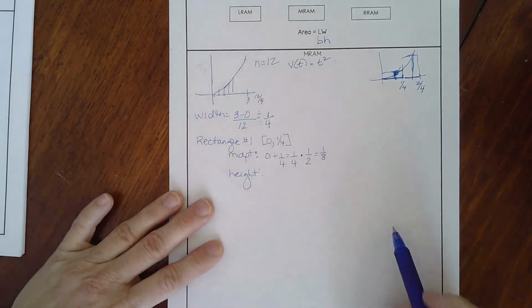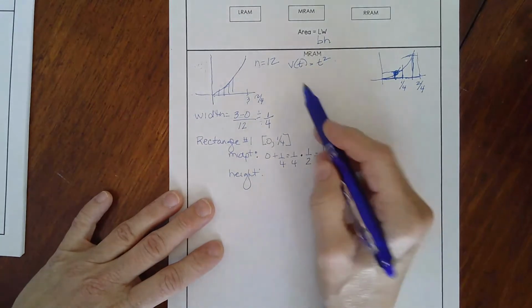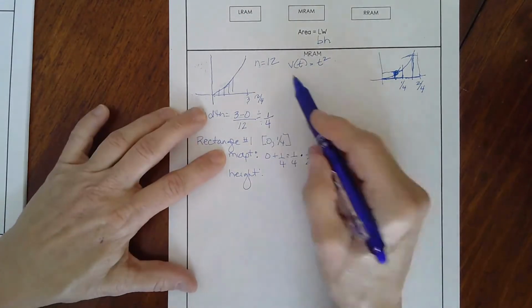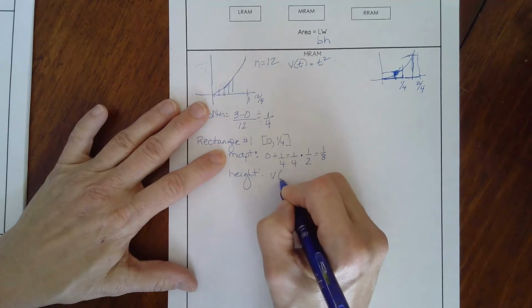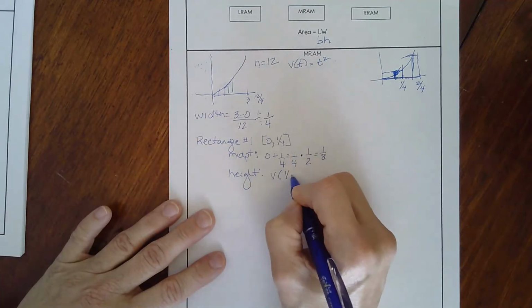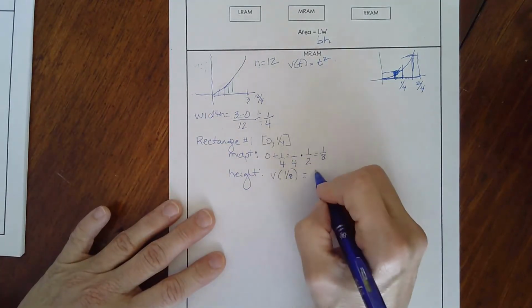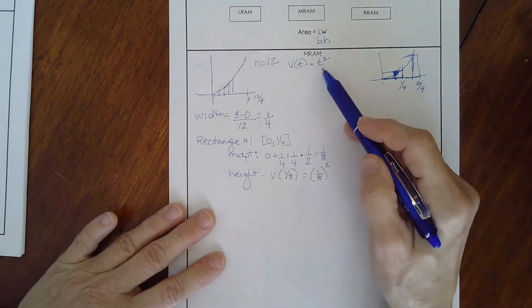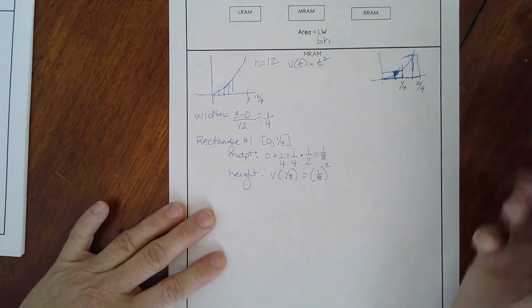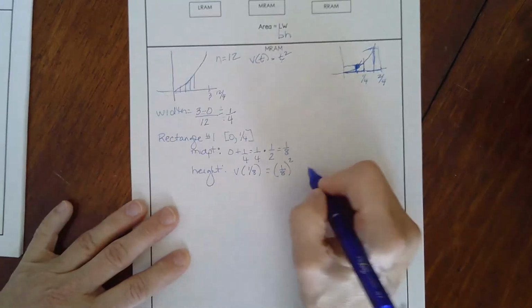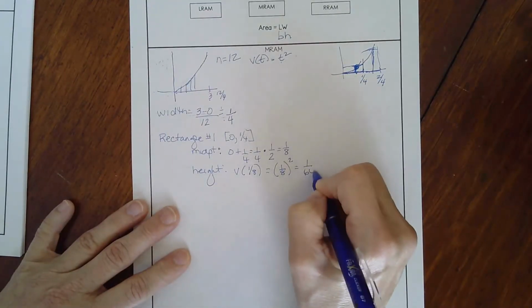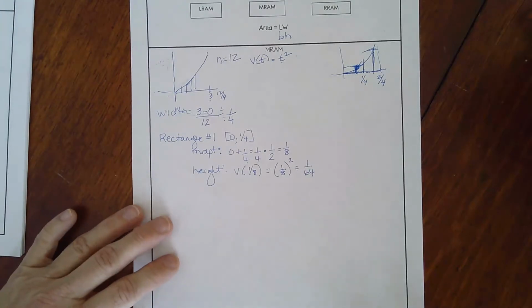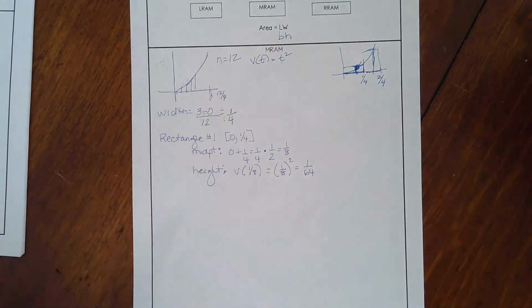So we find the height of the rectangle by taking our midpoint and substituting it into the velocity function. So v of 1/8 will be equal to 1/8 squared. So we're just plugging the 1/8 in here, and that will give us 1/64.